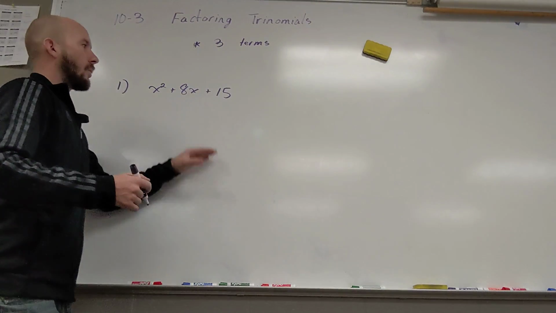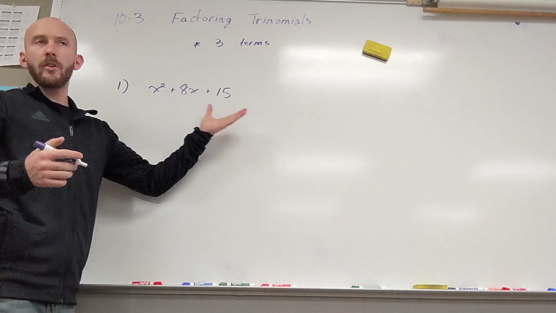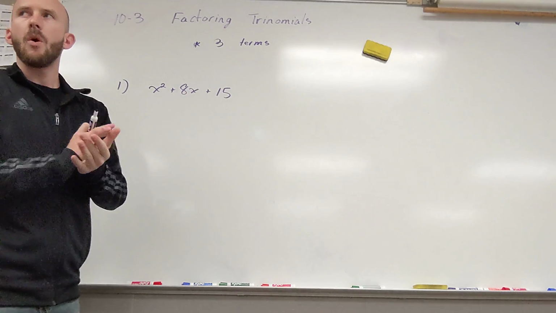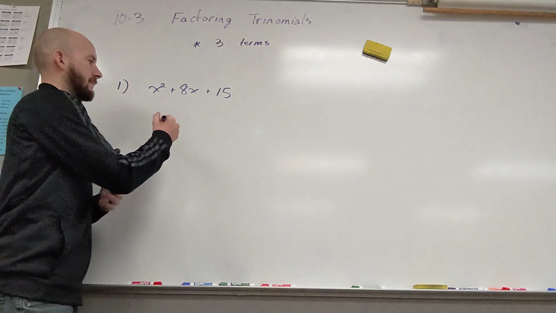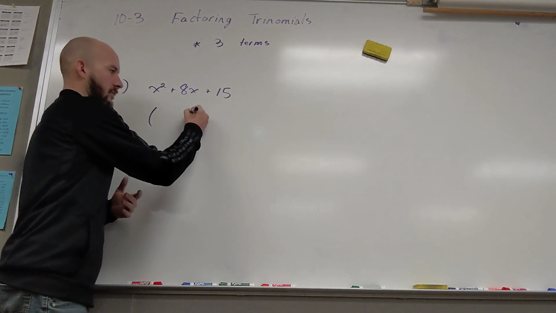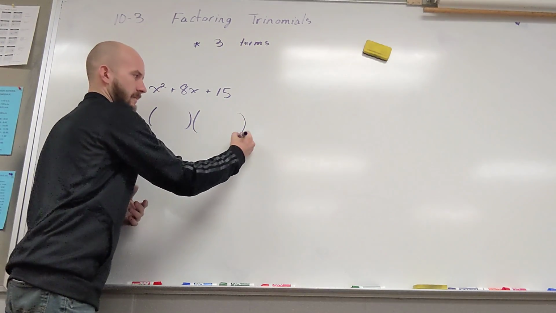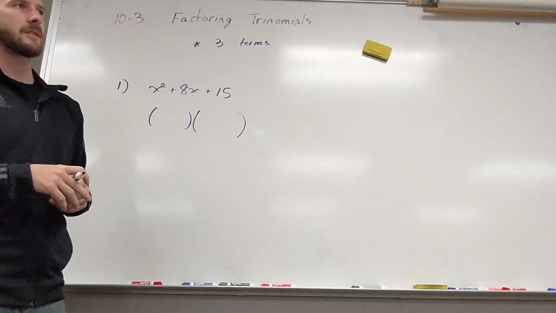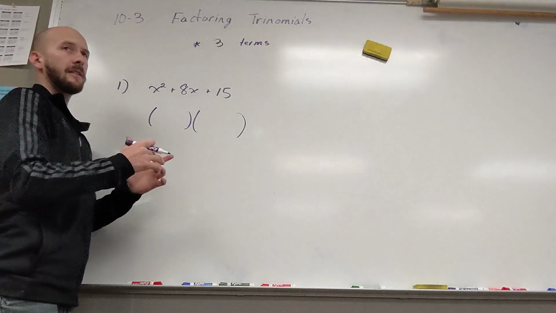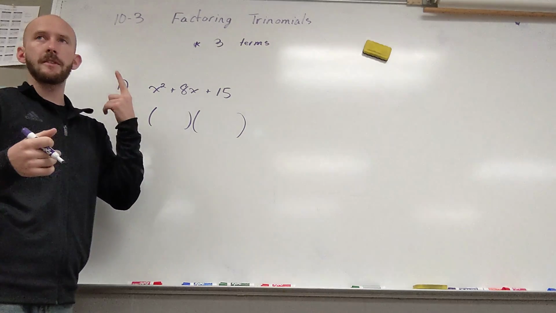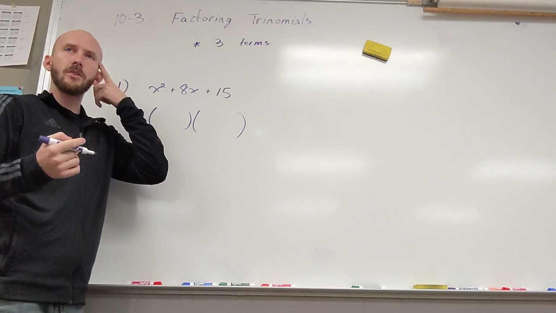Okay, so if I'm trying to factor a trinomial like this, what I pretty much start out doing every time is I will put my 2 groups of parentheses, just to kind of start organizing it. And then you kind of have to think the FOIL process in your head.